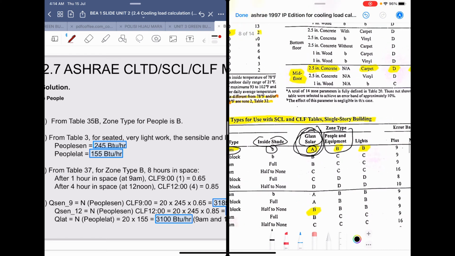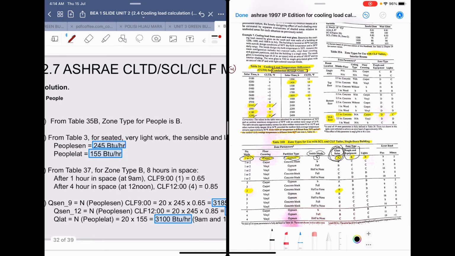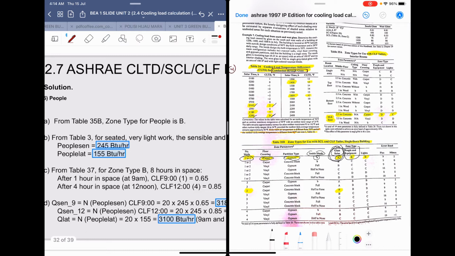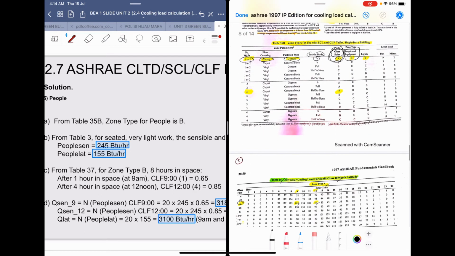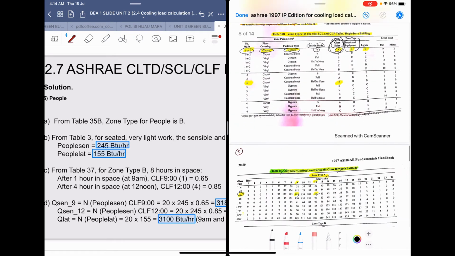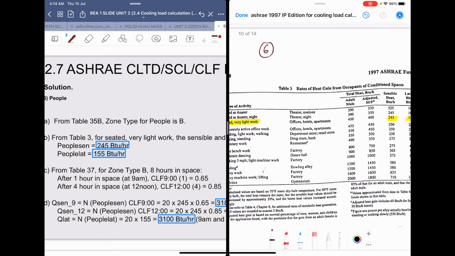type B. So from table 3, for seated very light work, the sensible and latent heat are as follows. Now, when we have the type of people, we have to refer to table 3. Table 3 is the rate of heat gain from occupants of conditioned space. This is used only in the conditioned space.